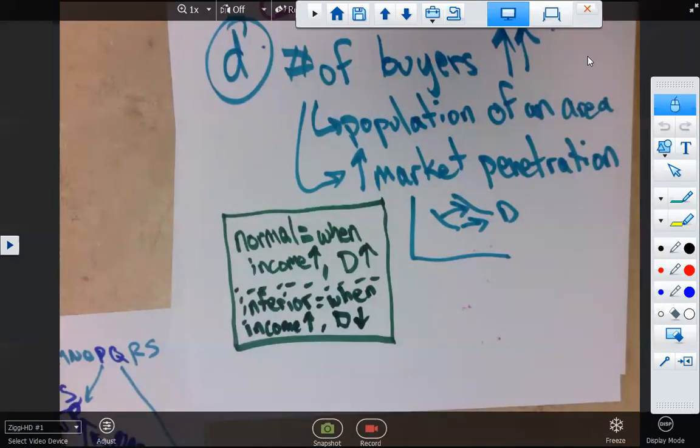And so these are bus passes. This is ramen noodles. This is peanut butter and jelly. Store brand anything, exactly. So as your income increases, you start buying the brand name Jif instead of the great value peanut butter because it tastes better.